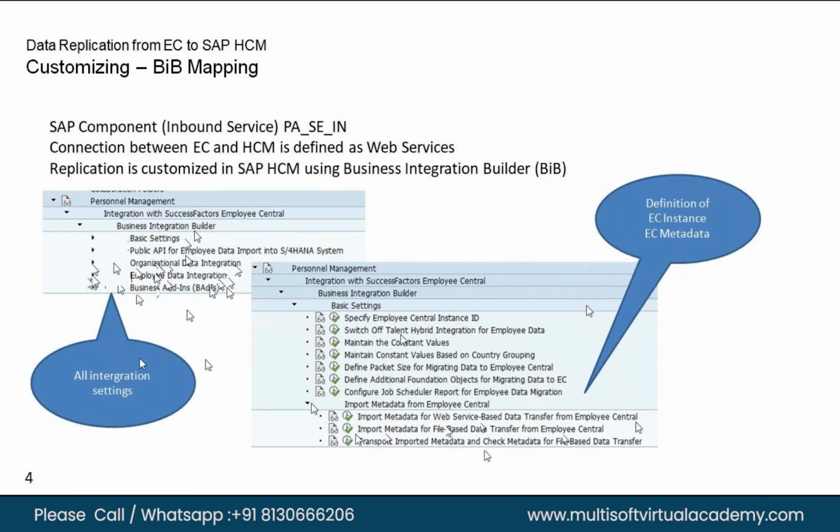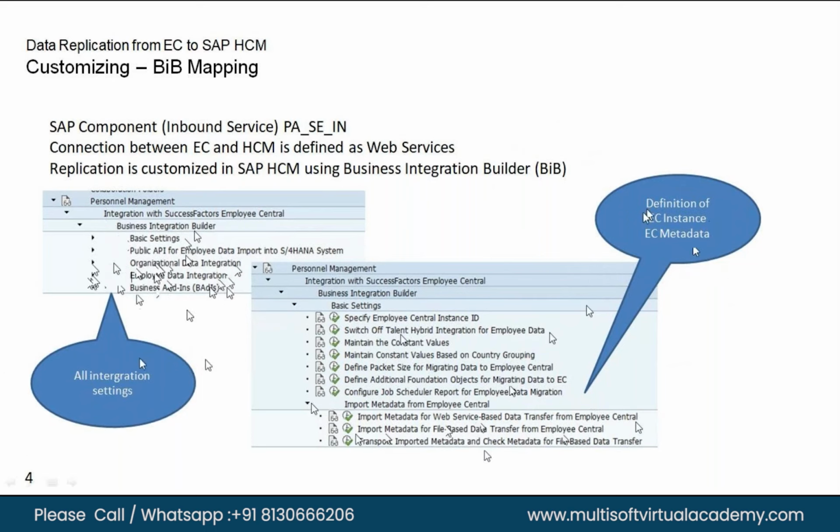Here, after maintaining the EC instance, for the enterprise structure, first we will maintain the company, and under that the company codes, and under that the personnel areas and personnel subareas as the high level of the HCM system. Also, if you start the replication from Employee Central to SAP, we need to maintain an EC instance ID.